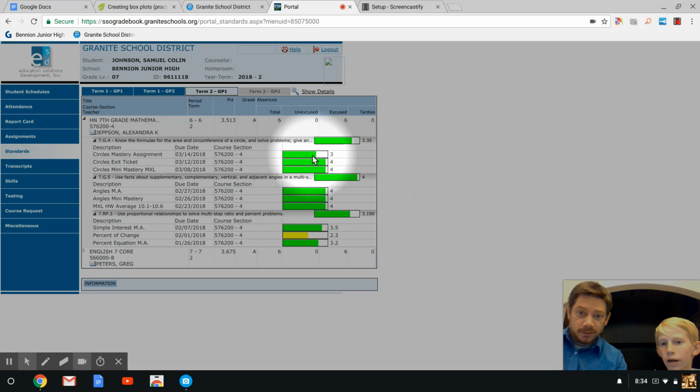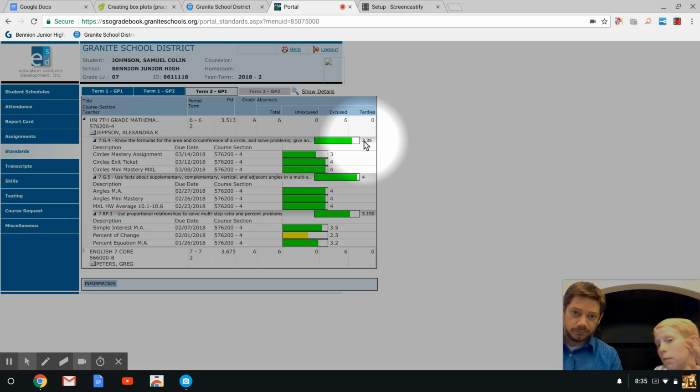But up here, I got a 3, and that's proficient, because a 3 to a 3.49 is proficient. Proficient means that I am where I need to be in grades. So a 3 would be on level. Right here, this is a 3.35, so I'm in the proficient range, but I'm not in the above proficient range.